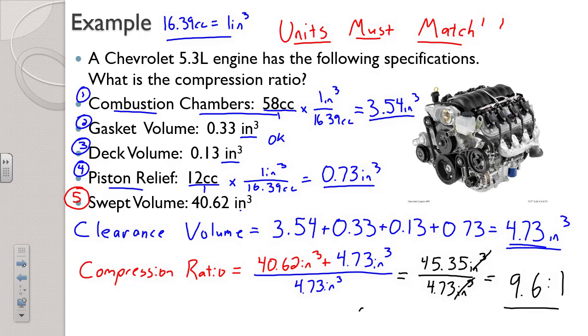And we always round to 1 decimal on compression ratios. Always 2 decimals on gear ratios, that's kind of an industry standard. And we always go 1 decimal on compression ratios. We keep 2 on all these calculations before that, just to eliminate rounding error, but we always go to 1 on our final compression ratio. There we go, and we're done.